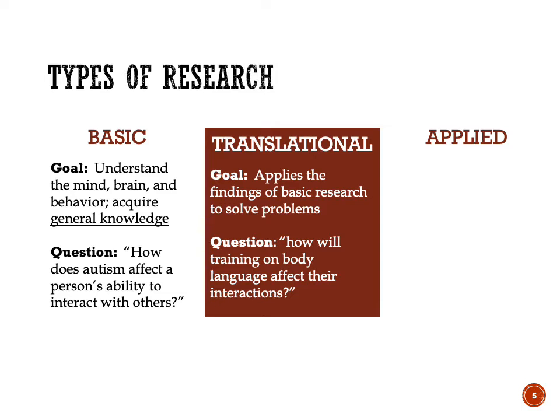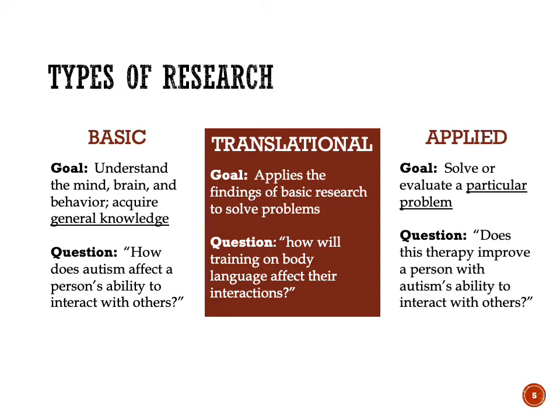And then applied research is really focused on applying something in real life and evaluating it to see if it actually works. So let's say you were to implement a specific type of intervention with a specific group of people who have autism, and you want to find out if that therapy or that intervention actually works for this population.